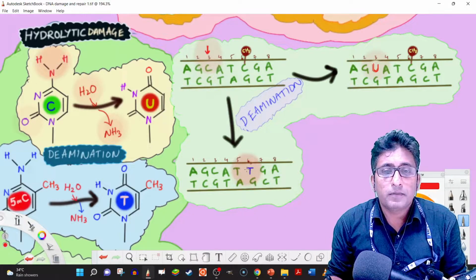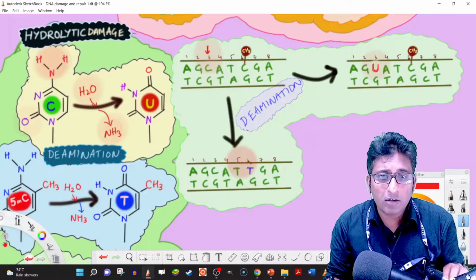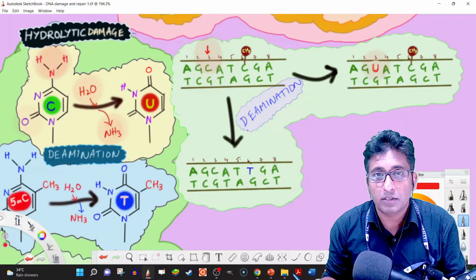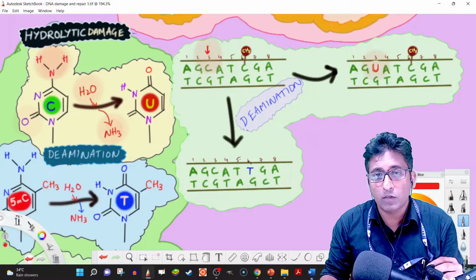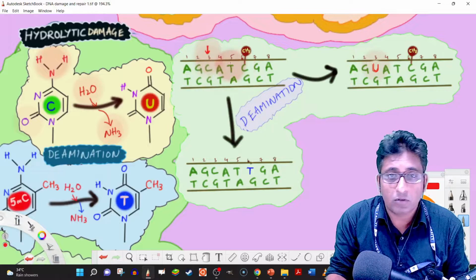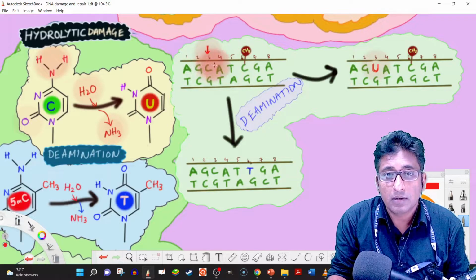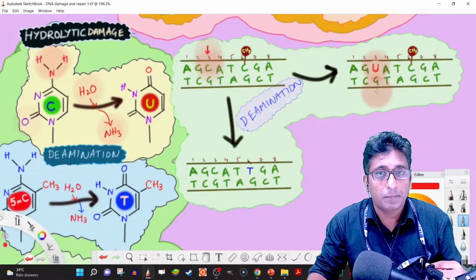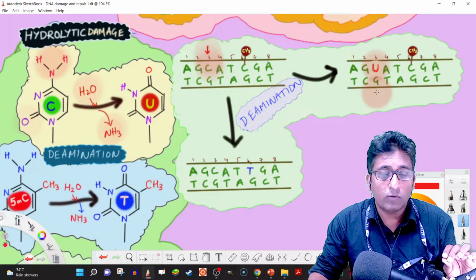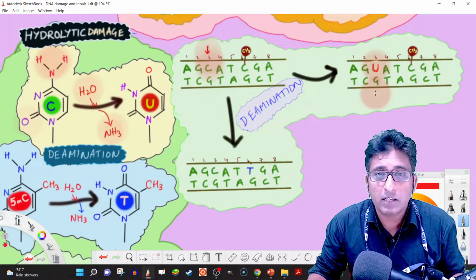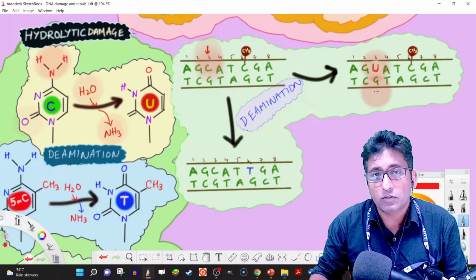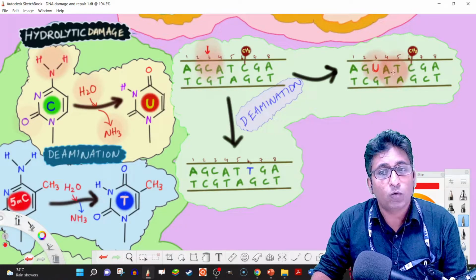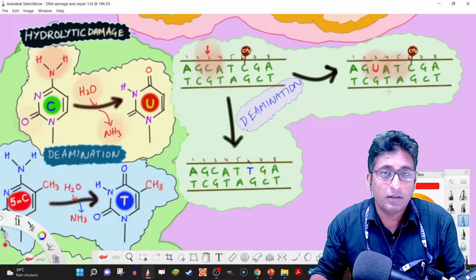So that is why it is thought that evolution has brought in thymine to be able to distinguish cytosine, and now if there is a uracil within DNA, it is clear that the most likely way that it has formed is because of deamination of cytosine, and that is why it is thought that thymine has evolved within DNA.